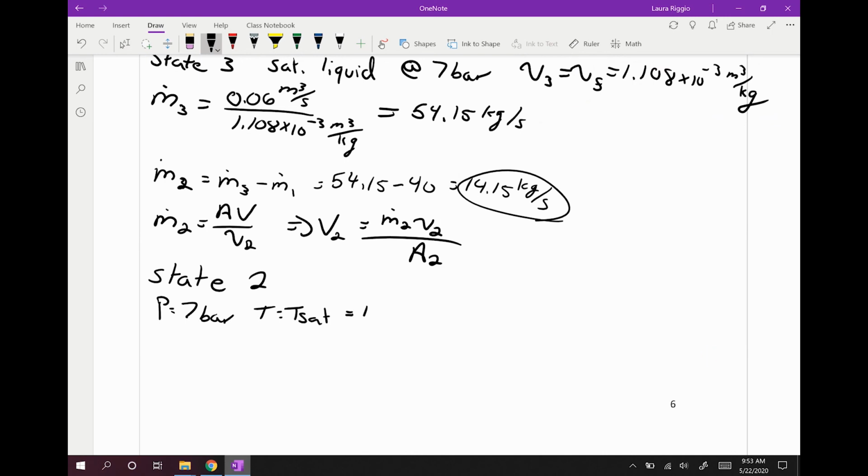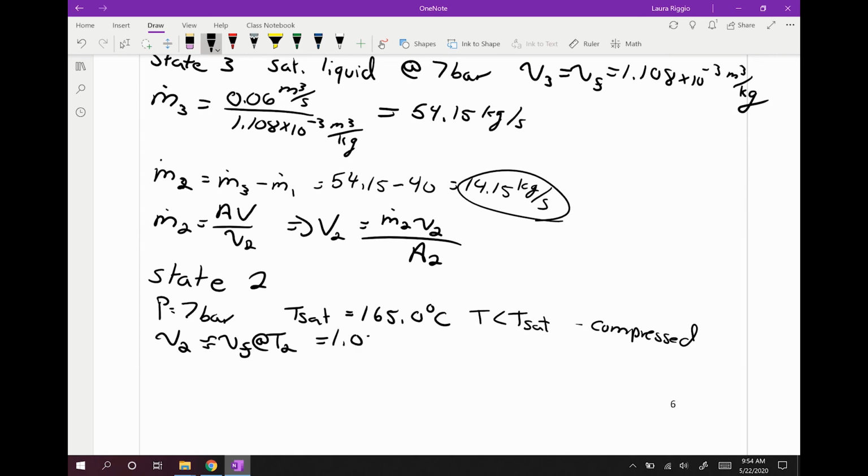T sat is equal to 165.0 degrees Celsius. Our temperature is less than T sat, so it's a compressed liquid, which should make sense since it said liquid water enters. So v2 is approximately vf at our temperature, which is equal to 1.0078 times 10 to the minus 3 meters cubed per kilogram.